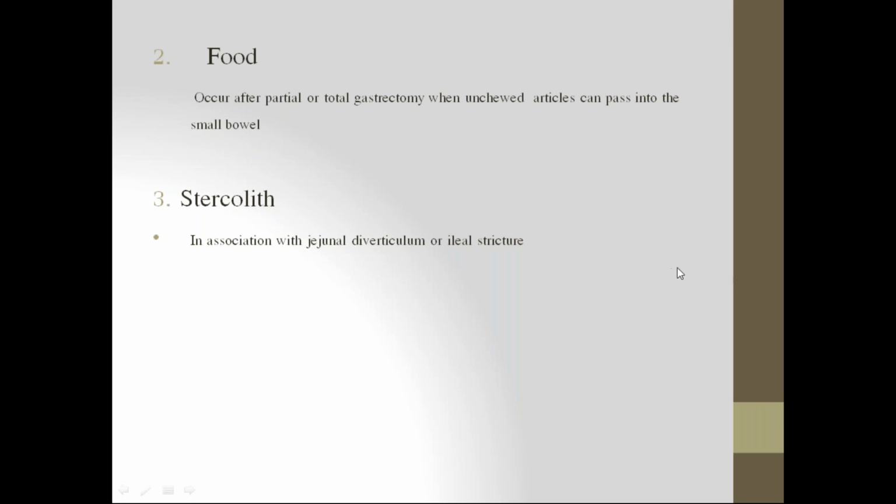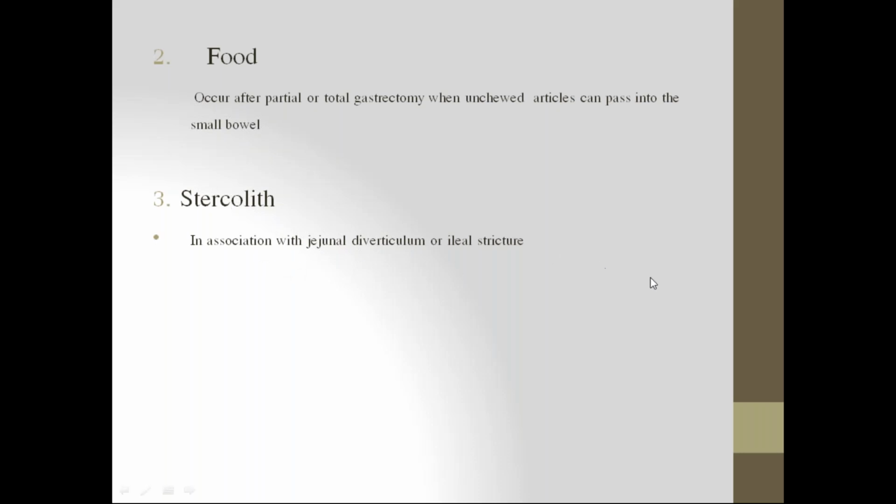So impacted food particles and some fruits, without proper chewing, are most commonly seen in children, and if they accidentally ingest them, it could obstruct the intestine.